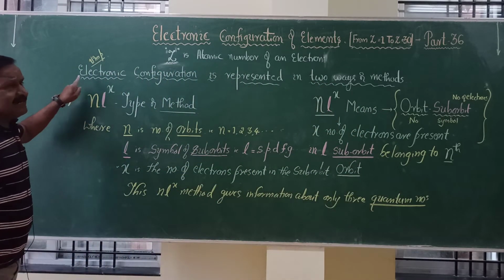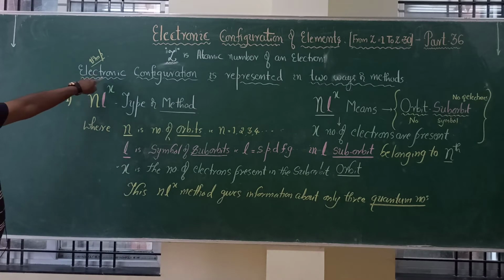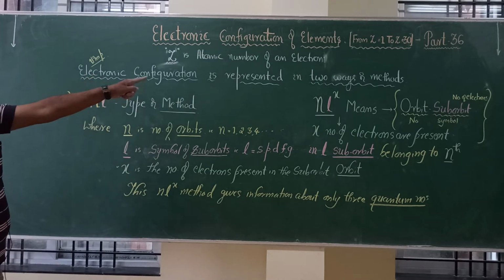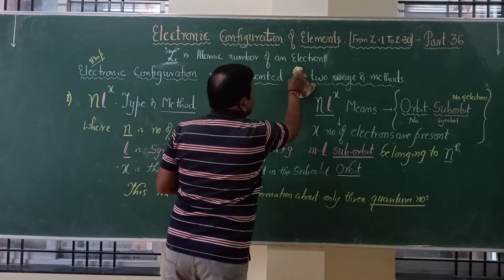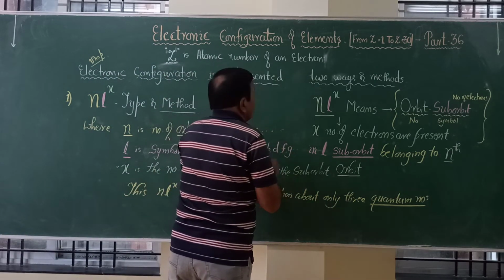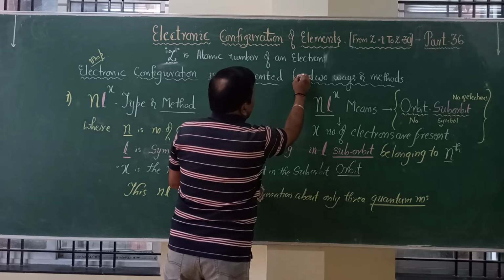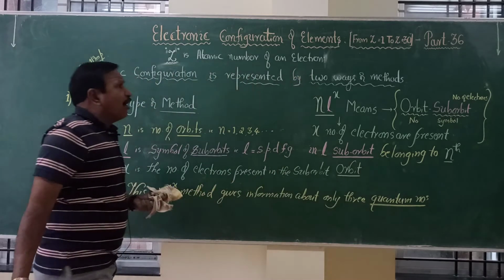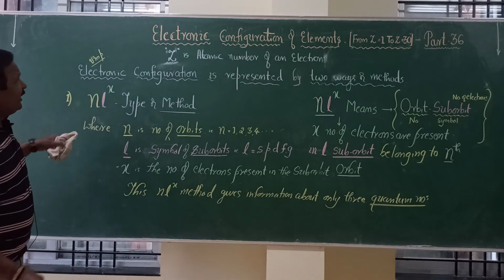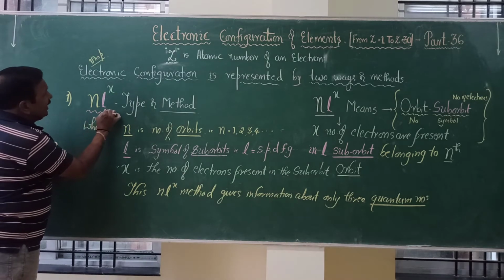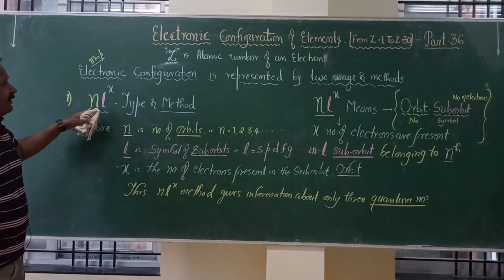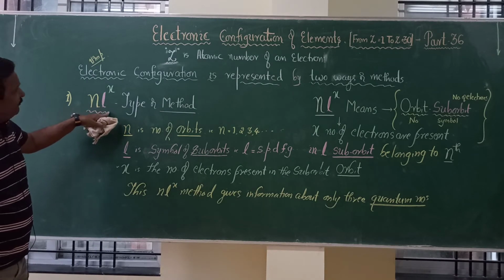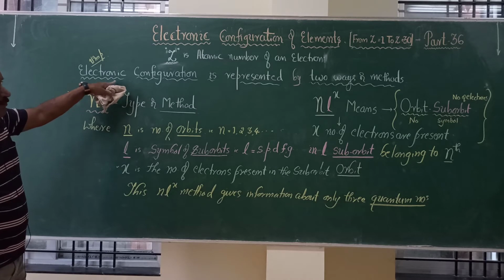So, my dear students, remember, electronic configuration is represented in 2 ways or methods. First method is called NLX method, that is orbit, suborbit and number of electrons.